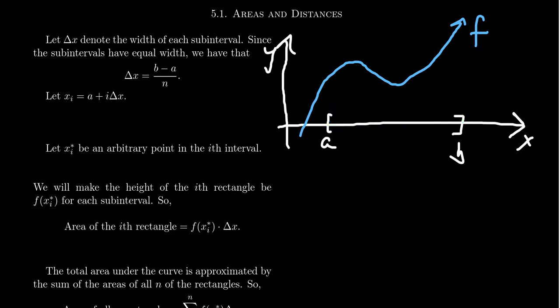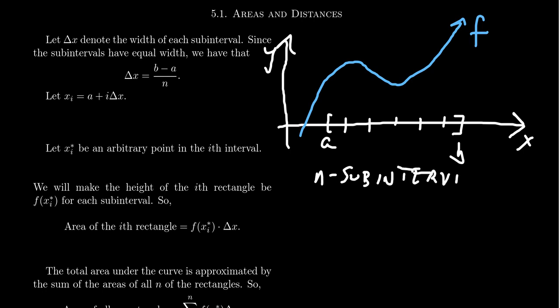The first idea, mimicking what we did in the last video, is we're going to take our domain, a to b, and divide it up into n pieces. We take this domain and subdivide it into smaller and smaller pieces, so we're going to get n subintervals.